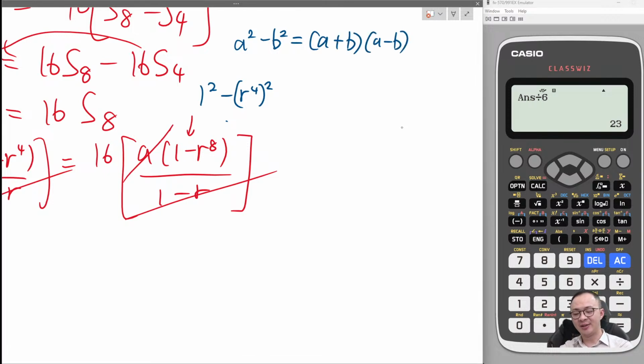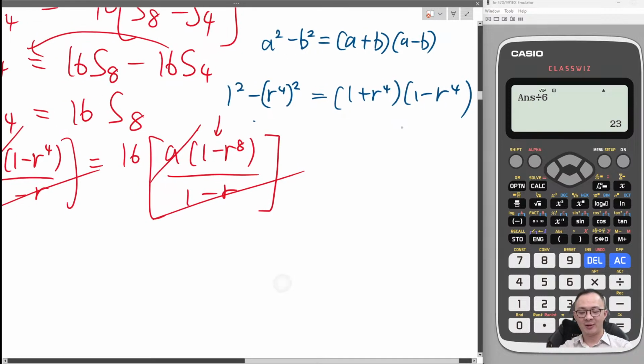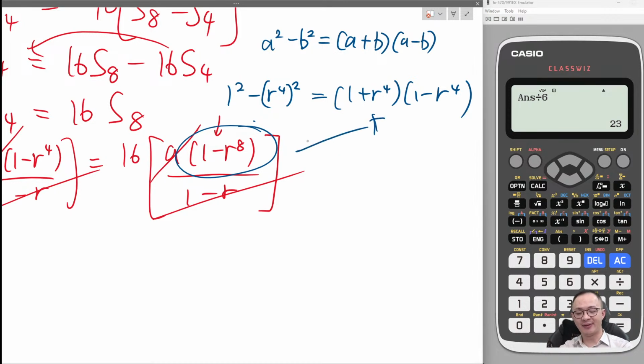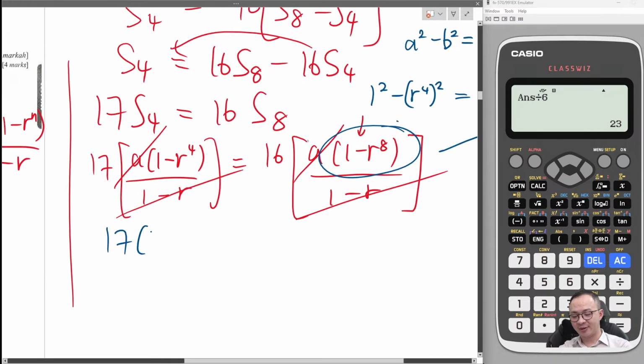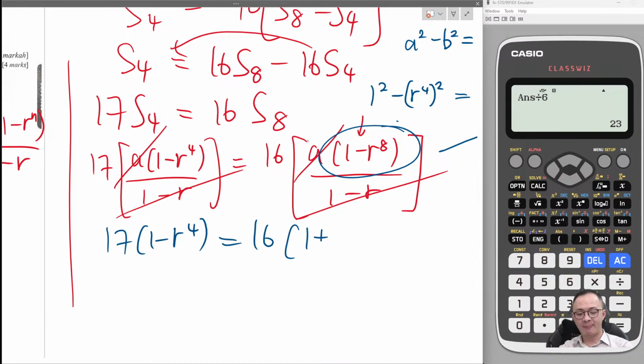So if I expand this one, I will get 1 plus r to the 4 and 1 minus r to the 4. Cool? To expand 1 minus r to the power of 8 into this pattern. Can you understand? Then we'll just do it. 16, 1 plus r to the power 4, 1 minus r to the power 4. Cancel, cancel.